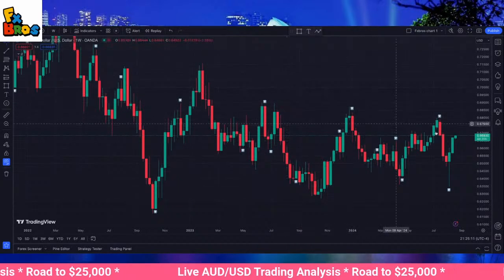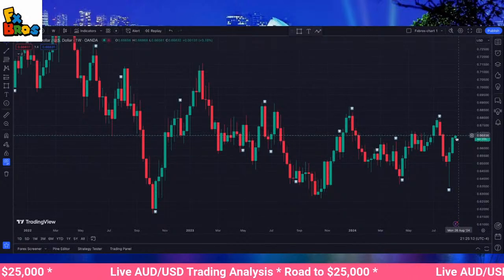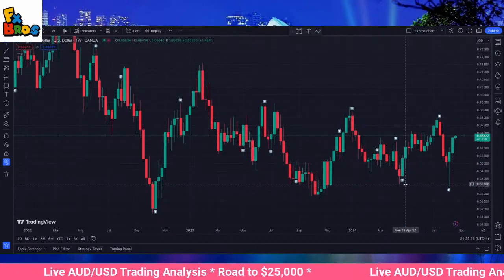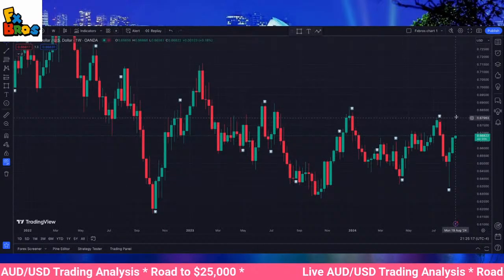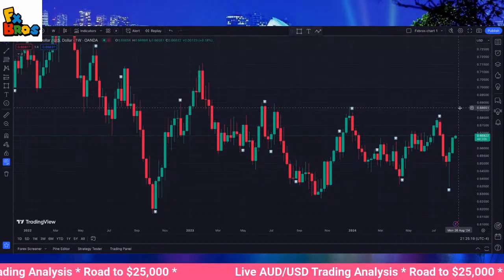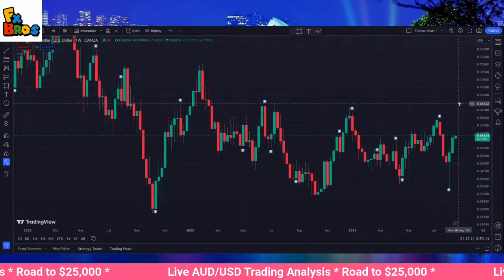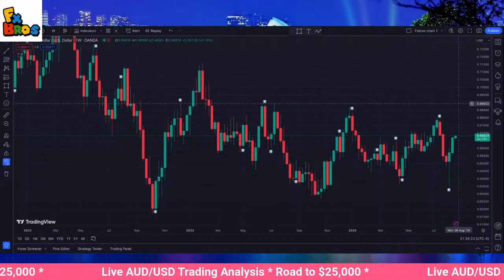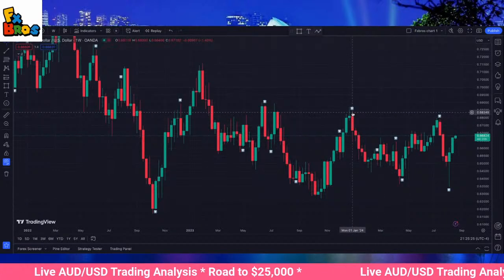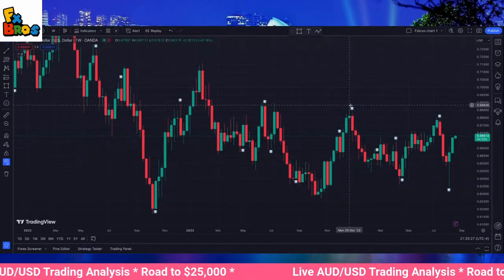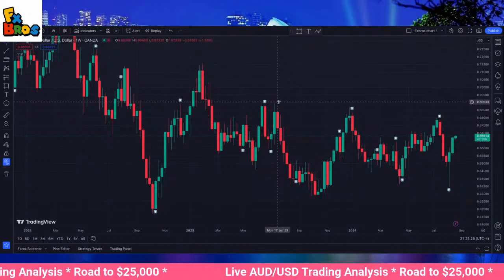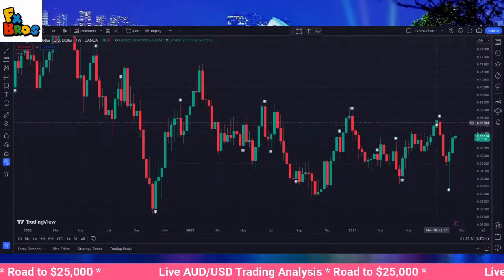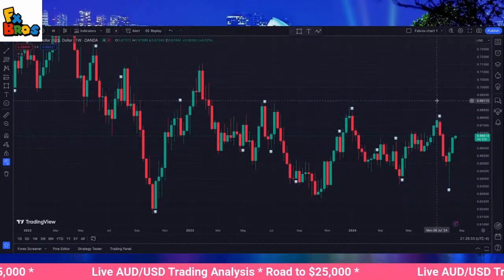So yes, after sweeping this low, the market could come up here and maybe test 68.73 again, or maybe even break it. But I feel like if the market was going to make a new high and test these levels, why didn't it do it in July? Even just a wick, why didn't it create a new high?